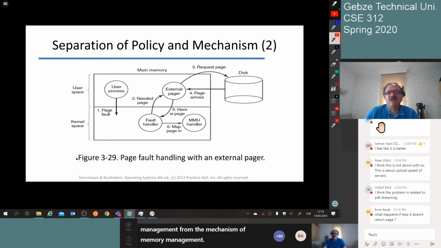Emre has a question. What happens if step 4 doesn't return a page? You mean if the page that I am looking for is not on the disk? It has to be on the disk. When the page fault happens, it means that the page I am looking for is not in memory, so it must be on the disk because I had used it before.